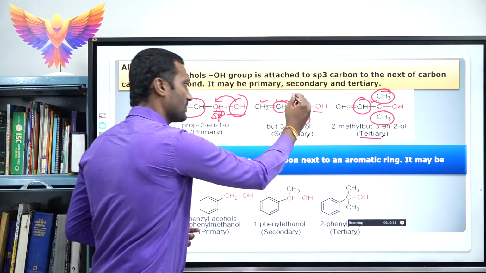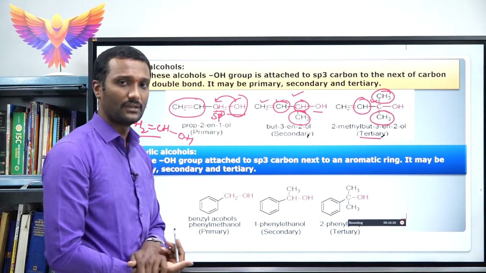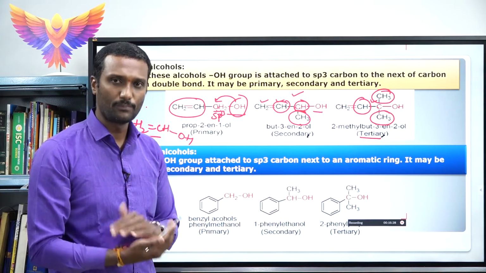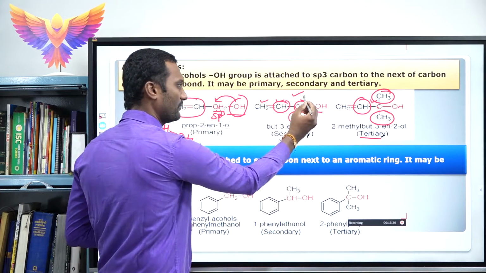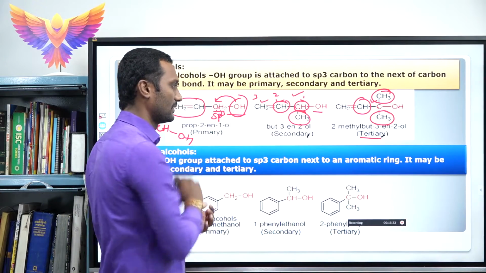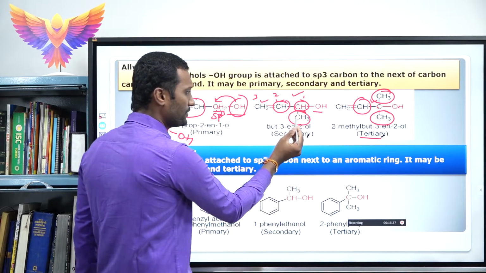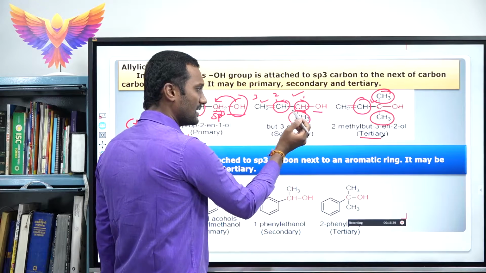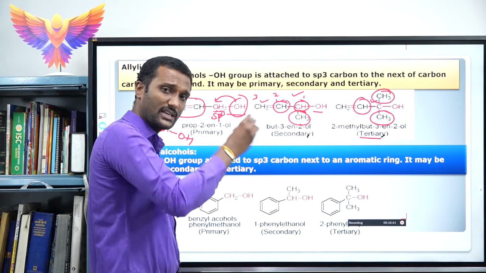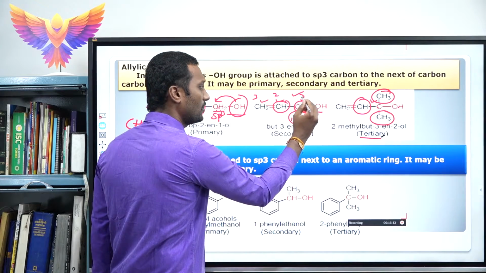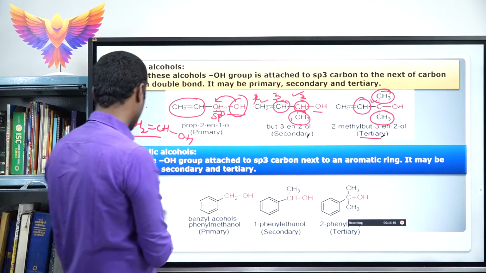Here I will take this one example. For giving the IUPAC name, the numbering we start from this end, 1, 2, 3. We give preference to the functional group, but you can observe there is one substituent group. So we have to choose the longest carbon chain, 1, 2, 3, 4. Am I right, students?